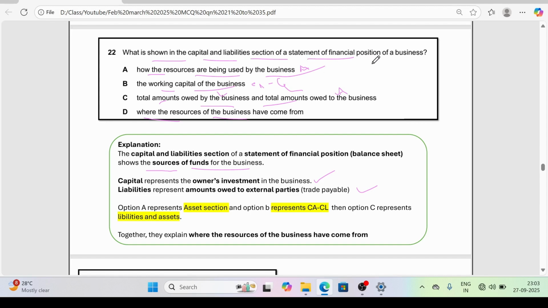Where the resources of the business have come from. This will be the correct answer. Option A is the asset section, option B working capital, and option C represents liabilities and assets. So the answer is D.